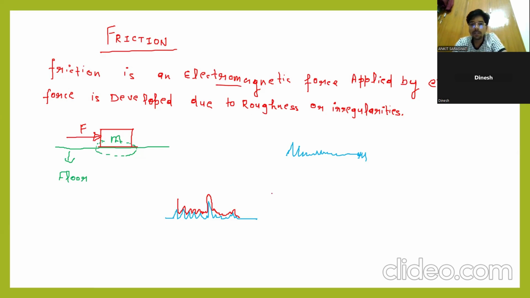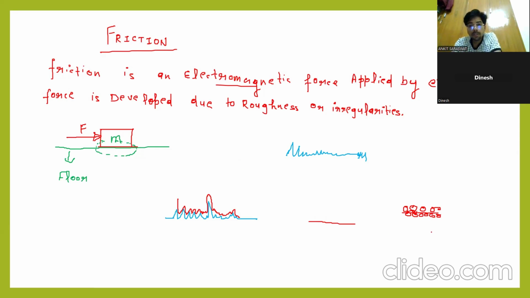Electromagnetic force means when you place the block on the surface, the atoms at the bottom of the block and the floor are in contact. There is electronic repulsion between the electrons of the block and the electrons of the floor.